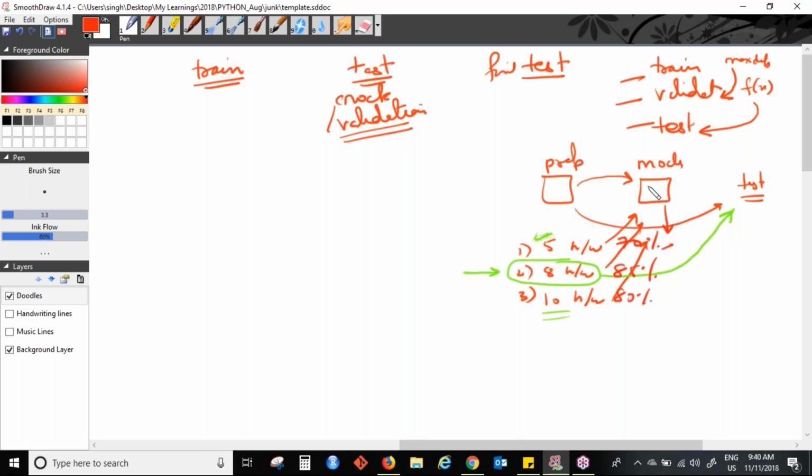So looking at your performance on the mock test, you have realized that 8 hours every week is the best approach. So you will use that approach on the final test. Do you follow this? That is why you will see a lot of people divide data into train, validation, and then test. They divide it into 3 parts, not 2 parts, to avoid that cheating thing. Do you follow, guys?